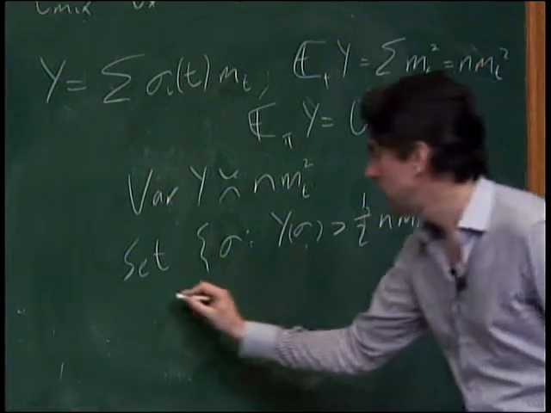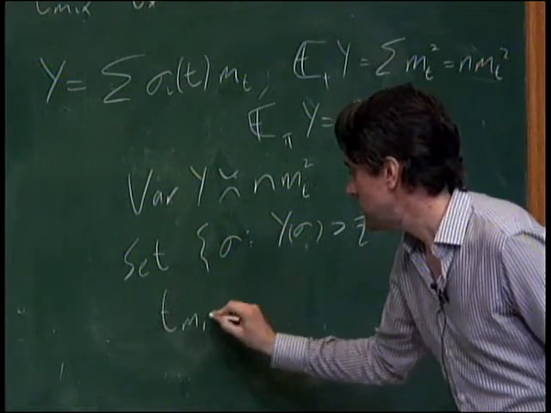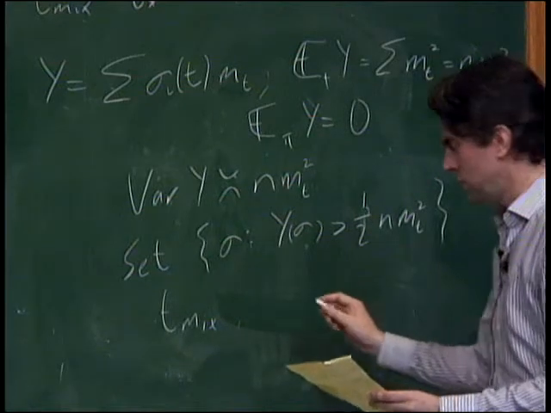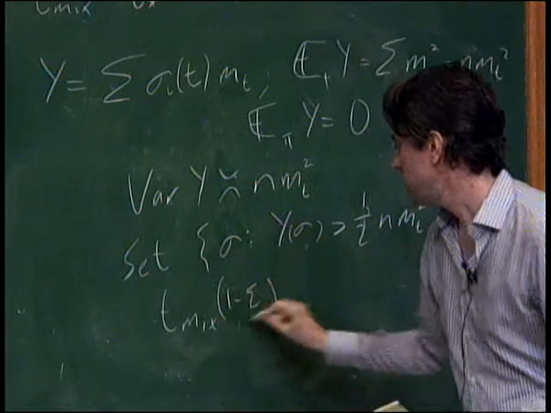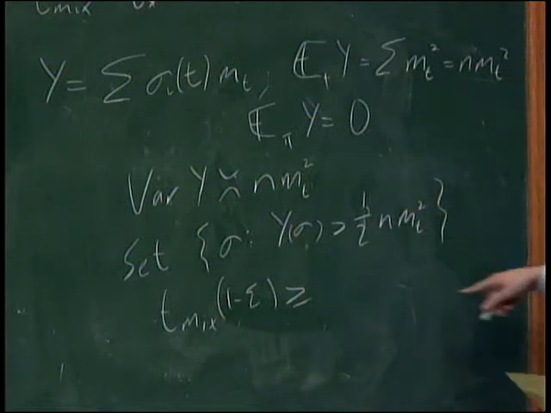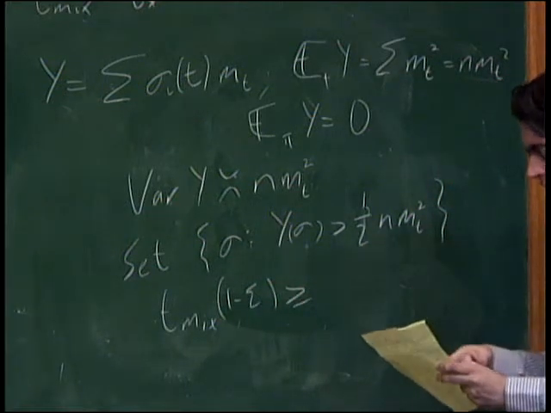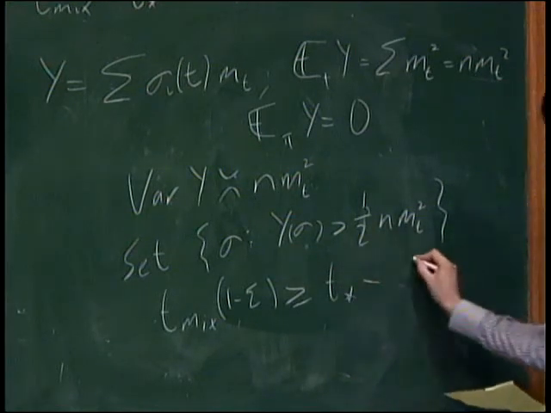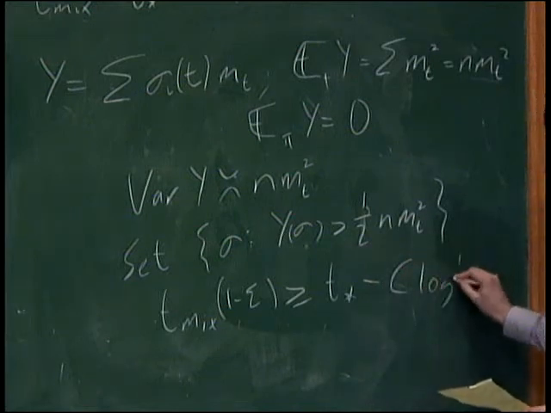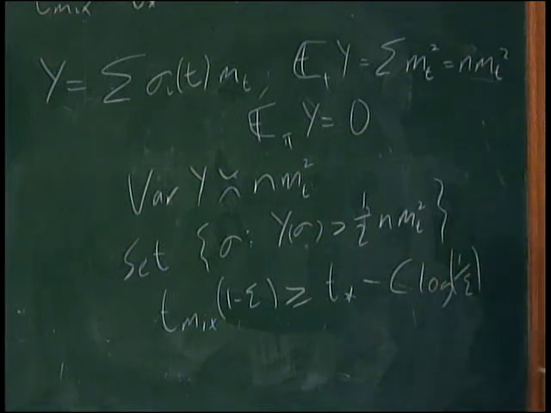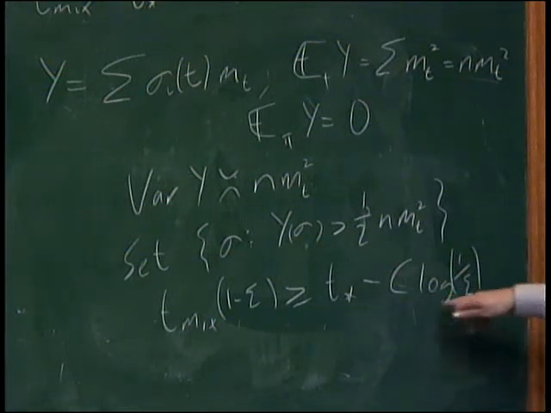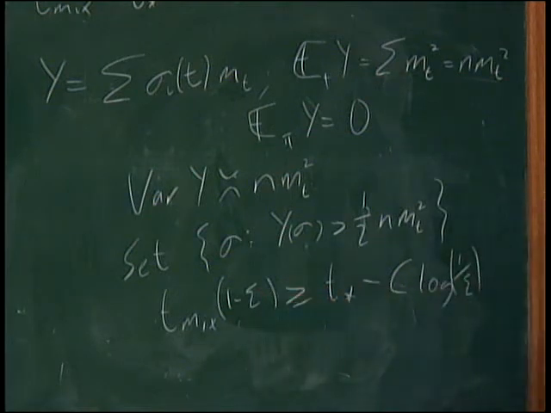And you can show, using the fact that M_T decays exponentially, that T mix is T star minus a log term, so we get T mix of 1 minus epsilon as a lower bound.